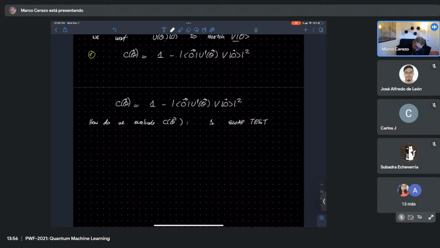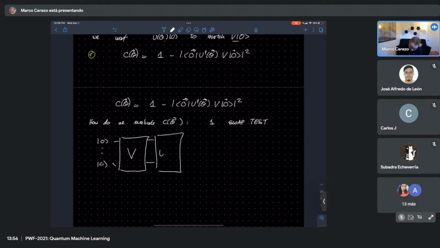We can also do something like this: I initialize all my qubits in 0, and this is, again, to show that there is no one unique way to do this. Then I send it through my unitary V, then through my parametrized unitary U dagger of theta, and then I just measure all the qubits. With this circuit, the cost function is just 1 minus the probability of all the qubits being in 0.